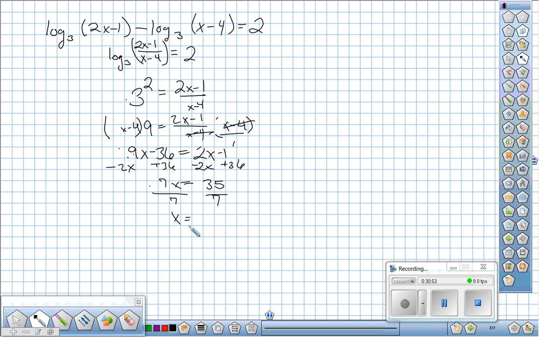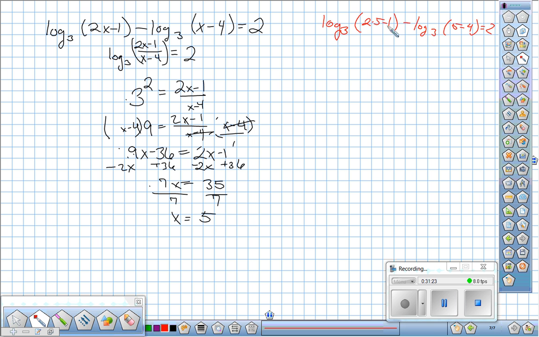And then I get x equals 5. Alright, x equals 5. I'm going to plug that back in up here and make sure everything works out. Okay, so I'm going to have the log base 3 of 2 times 5 minus 1 minus the log base 3 of 5 minus 4 equals 2.